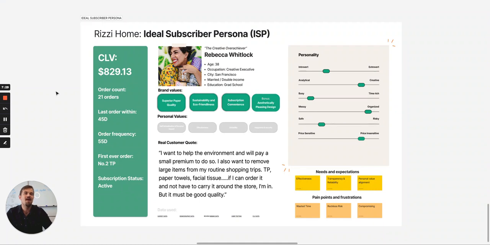But it really all comes down to, first and foremost, the best question: who is that ideal subscriber persona? So that is the process that we follow here at Good Subscription Agency for conversion rate optimization.